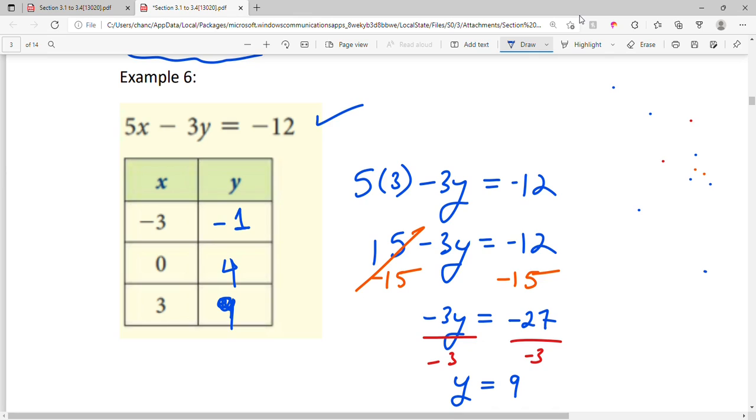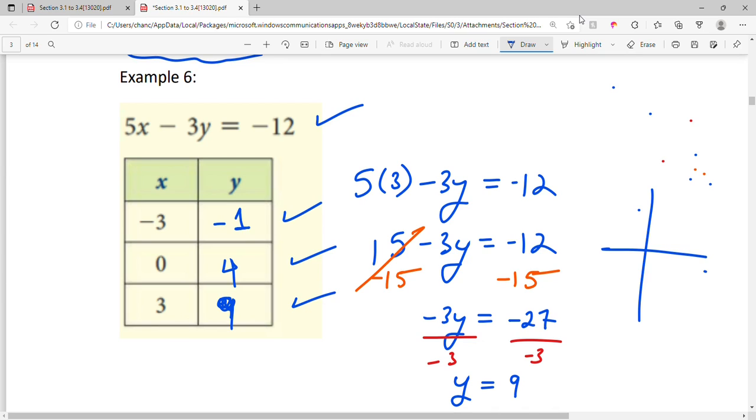That completes the table. And the nice thing is we can actually plot these points on the Cartesian plane. I want you to try that, and you will realize that these points lie on the same line. So if you plot negative 3 comma negative 1, 0 comma 4, and 3 comma 9 on the Cartesian plane, you will realize that these points lie on the same line.